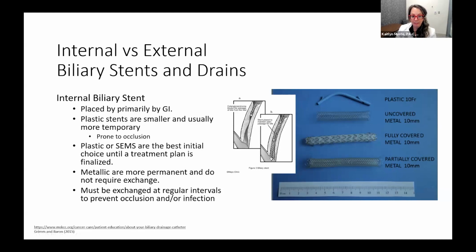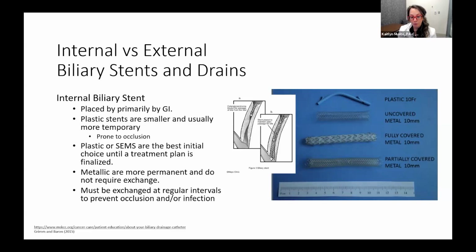Stents can be plastic, they can be metal. There's ones that are called fully covered versus partially covered or uncovered metal. Really the best initial choice until a treatment plan is finalized is going to be a plastic or self-expanding covered metal stent.